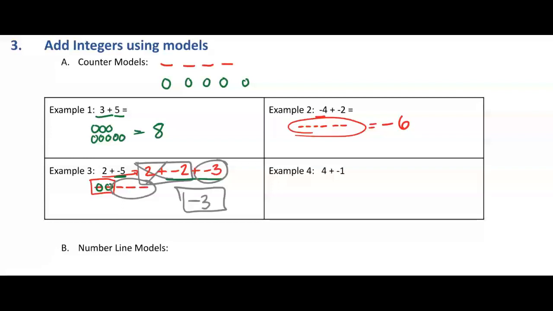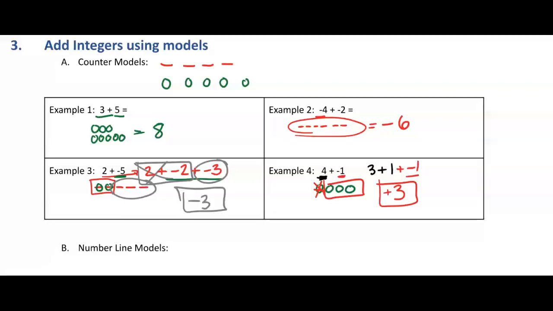Similarly, with this example, I start with 4 positives, 1, 2, 3, 4 positives. I have 1 negative, so one of these cancels out, and I have 3 positives left. Or I could look at this as taking my 4 and separating that into 3 plus 1, because 3 plus 1 equals 4, plus negative 1.